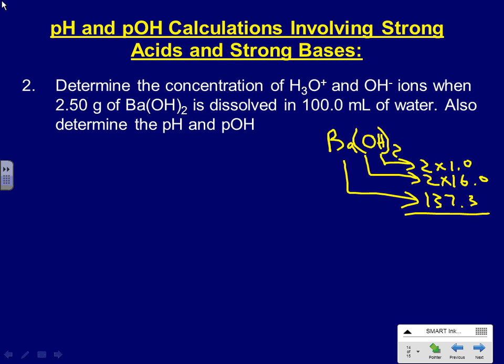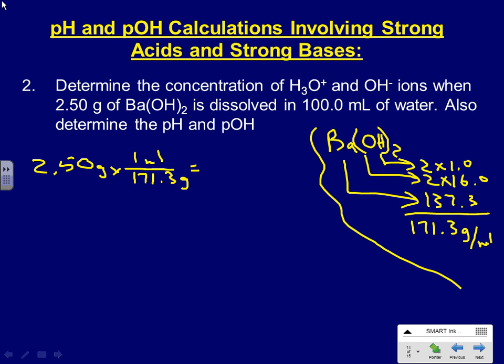We'll take it when you get it. 171.3 grams per mole. 0.50 grams divided by 171.3 grams. Yep. Did you say 0.0146? 0.0146 moles.